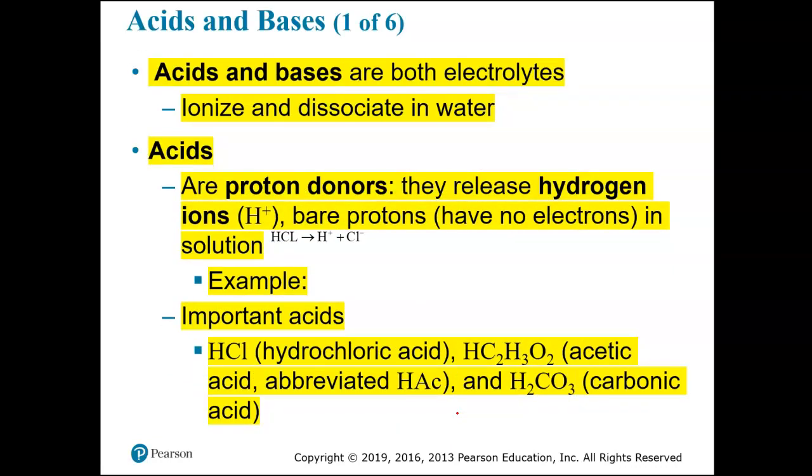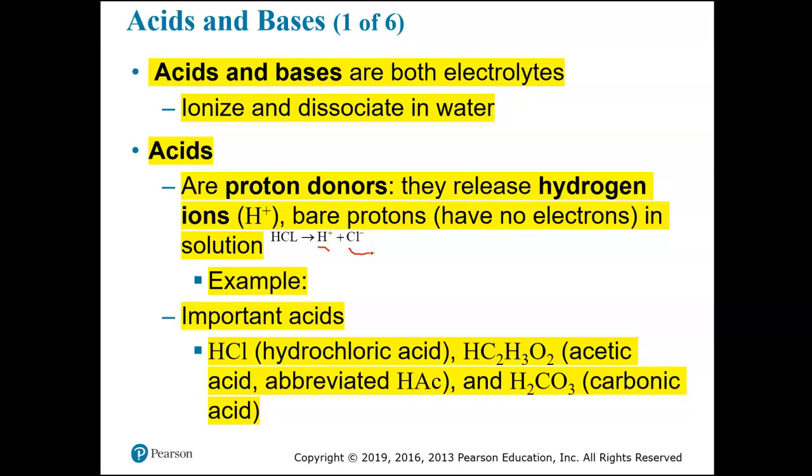Okay, acids and bases can also form electrolytes in water because they ionize and dissociate in water. One example of an acid is hydrochloric acid, and it's going to dissociate into, the cation will be H+ or hydrogen ion, and then the anion will be Cl- or chloride ion.